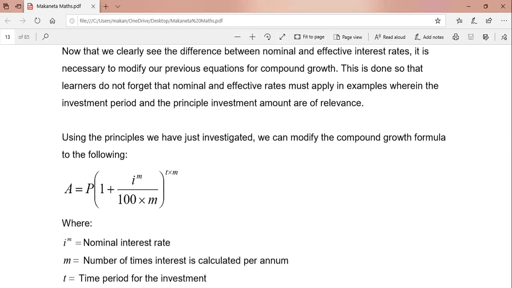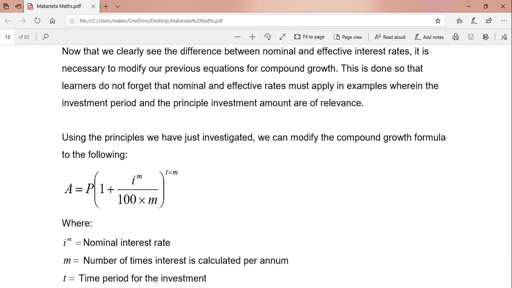The call that is made to learners is that learners should not forget that the nominal and the effective rates must apply in examples wherein the investment period and the principal investment amount are of relevance. Using this example, you can modify the compound growth formula by including the time period of the investment, which is multiplied by the actual number of times.